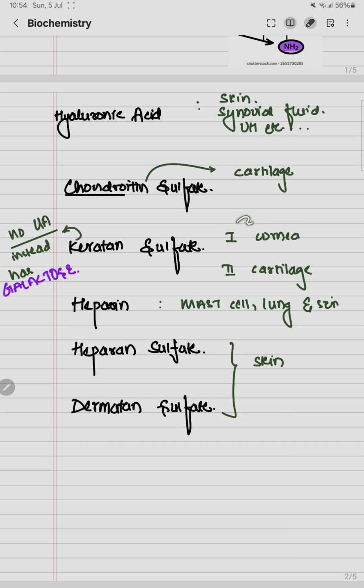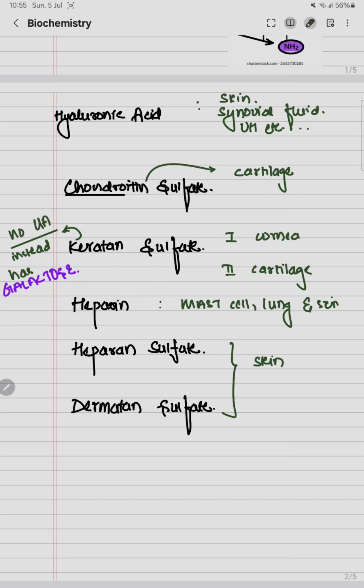Type 1 was isolated in cornea and type 2 was isolated in cartilage. Now the thing to remember with keratan sulfate is that there is no uronic acid moiety here. Instead it has galactose. So instead of amino sugar and acidic sugar, there is a sugar and amino sugar in your keratan sulfate.